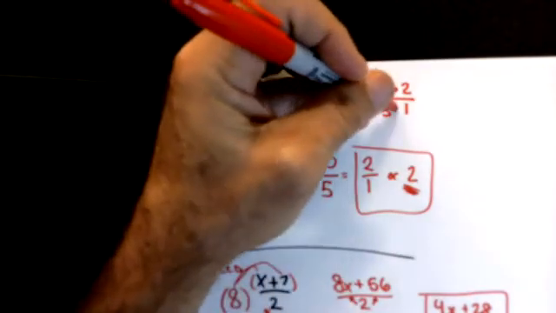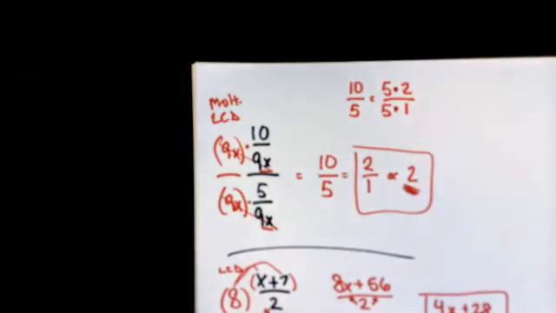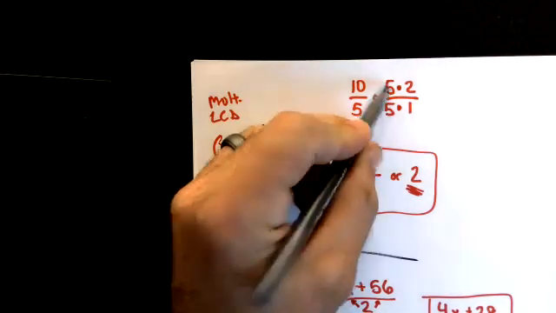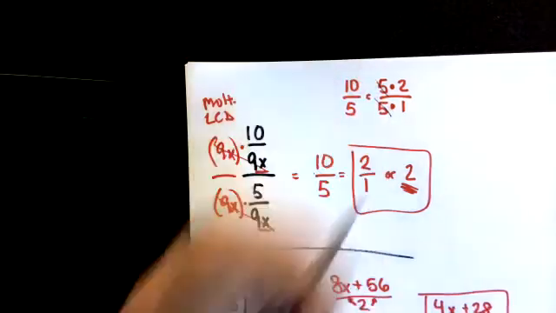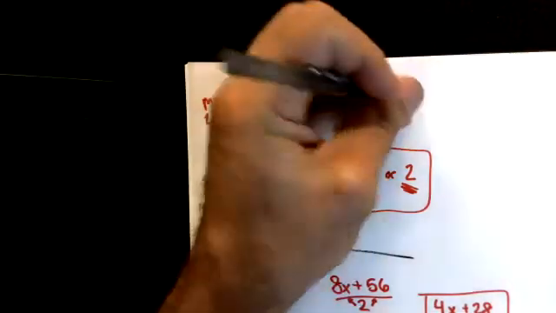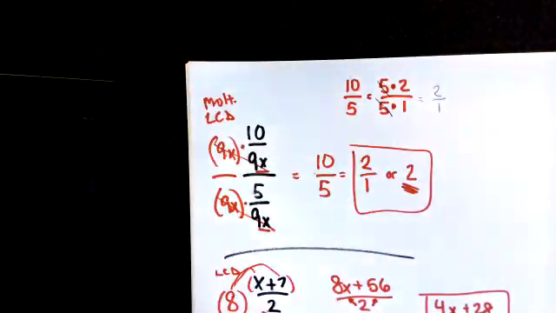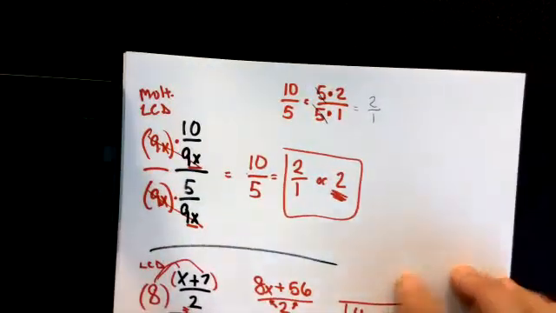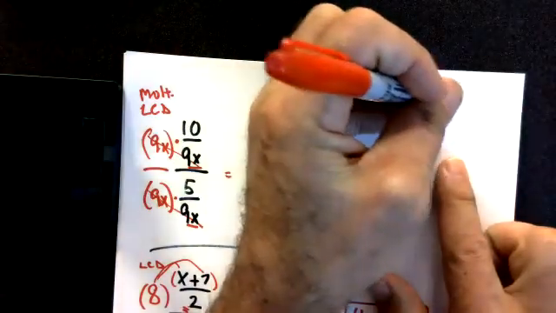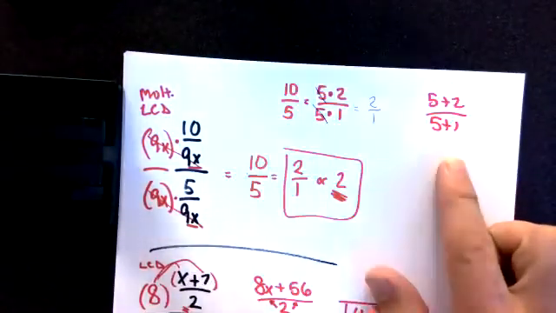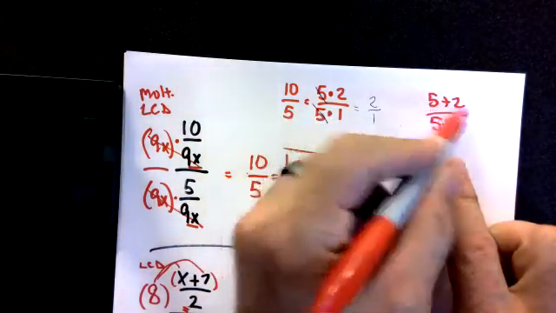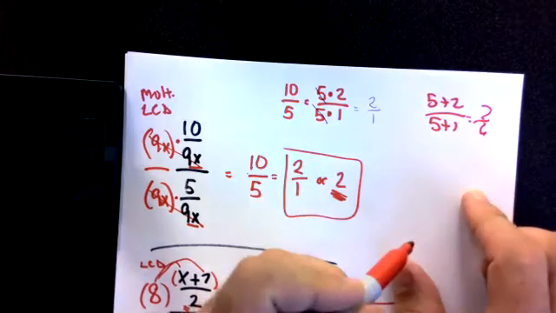So if you're multiplying, okay, sorry, I'm out of focus. There we go. When multiplying, you can have a common factor and we can cancel those out. And that's where we get our 2/1. But not if it's addition. So if I rewrite this as say 5 plus 2 over 5 plus 1, I can't just cancel those 5s and this be 2, because if we add, that would be 7/6, right?